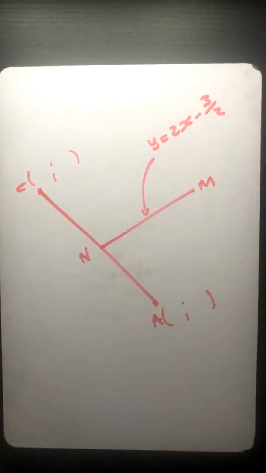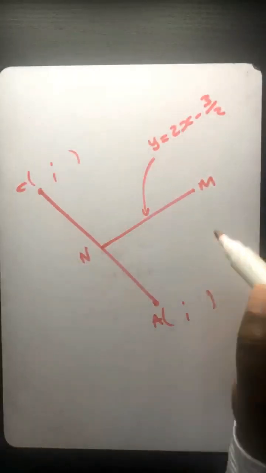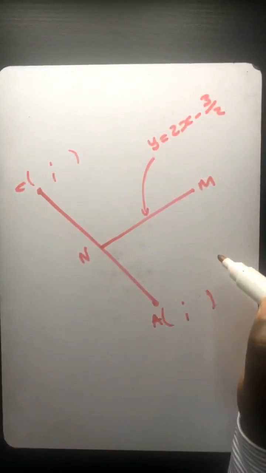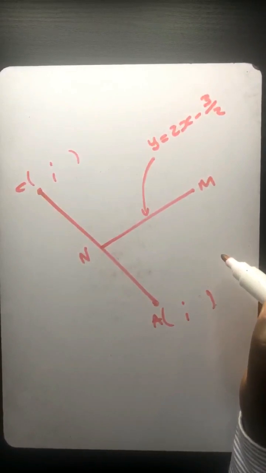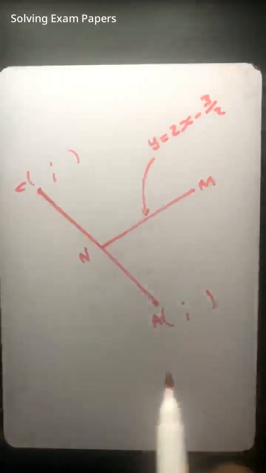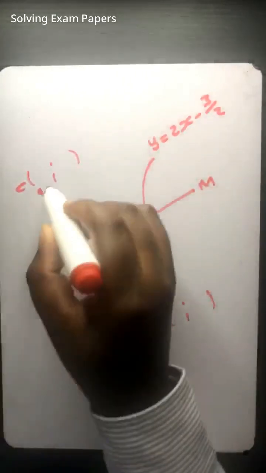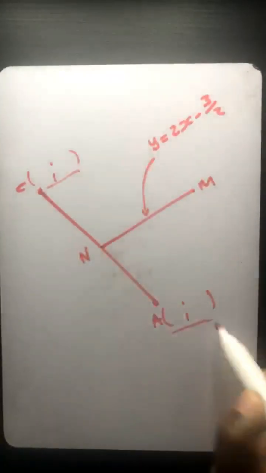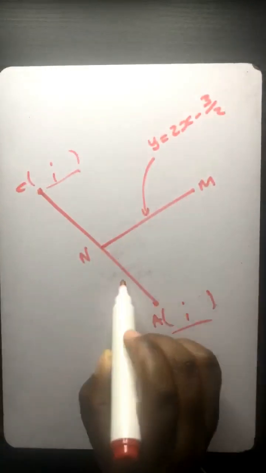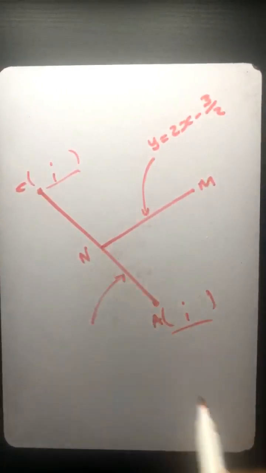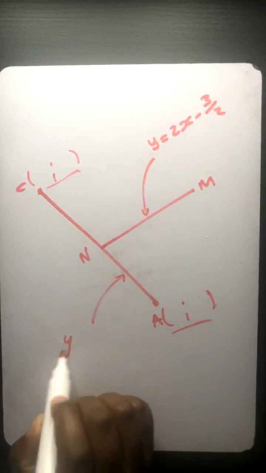That's why this question is allocated 4 marks. I think 1 mark is for the reason. Do you guys agree that using point C and A, or A and C, we can determine an equation of that line? Do you guys agree?